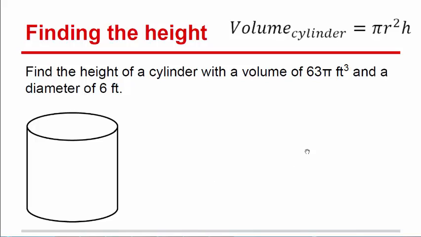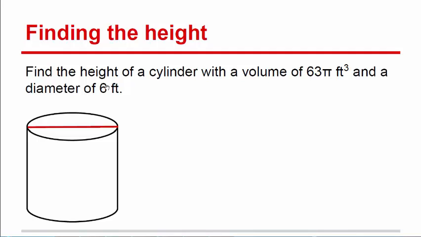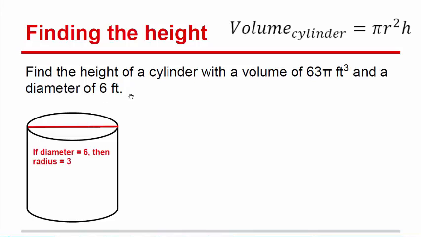So if we take all this given information here, 63 pi feet cubed and 6 feet for diameter, then we need to understand some of the things. The diameter is 6 feet, but we don't need the diameter. We need the radius. So if the diameter equals 6, then the radius equals 3, because the radius is half of the diameter.